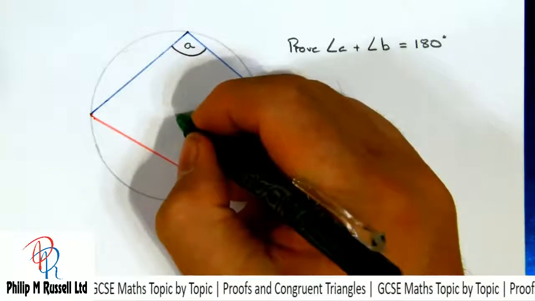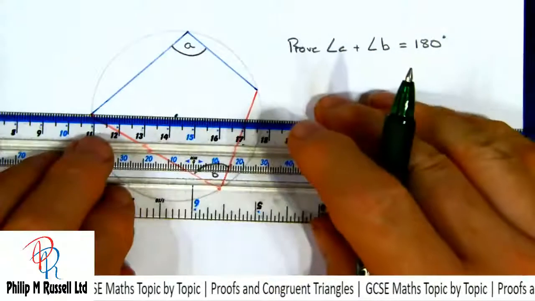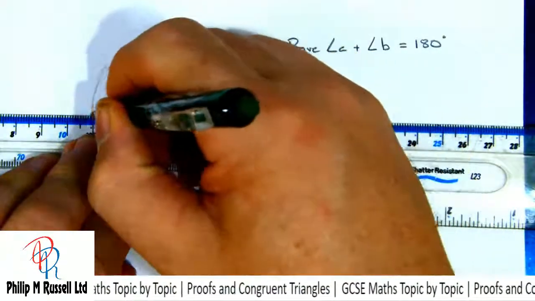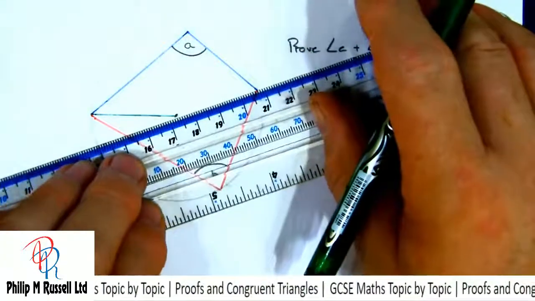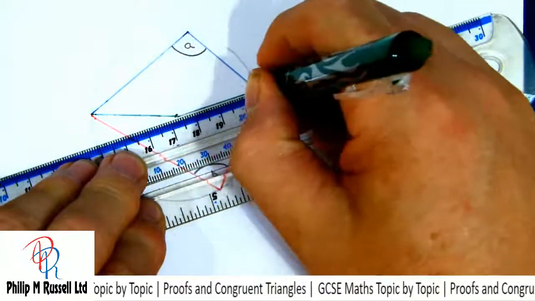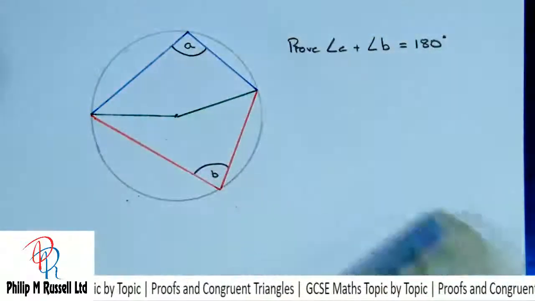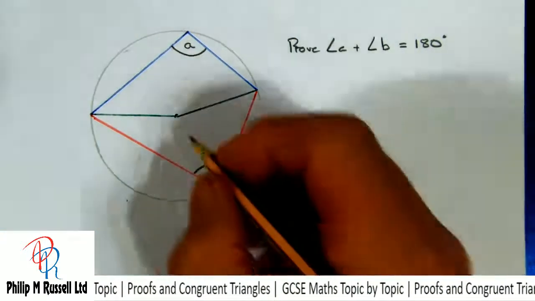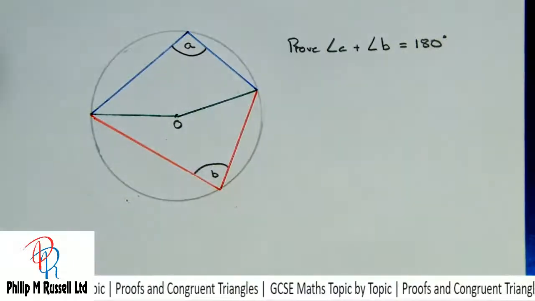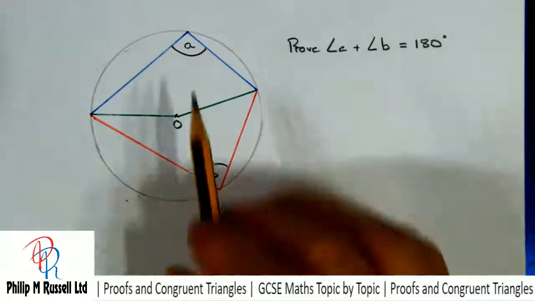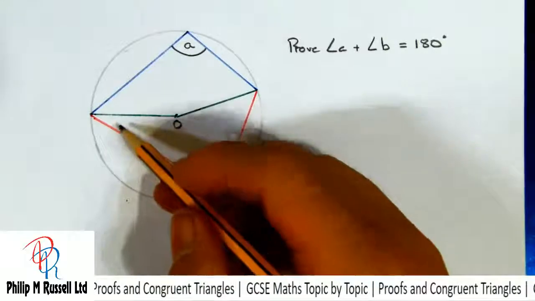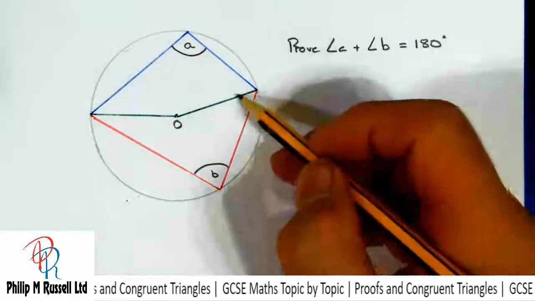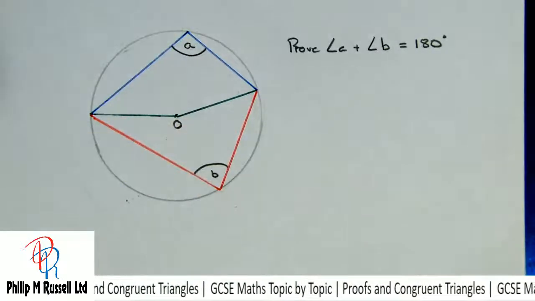I've got my centre of my circle, and let's bring in a different coloured line here, and we're going to label this O. Well, I've just met this shape already, haven't I? I've got this shape, and that is the proof that we've just done.